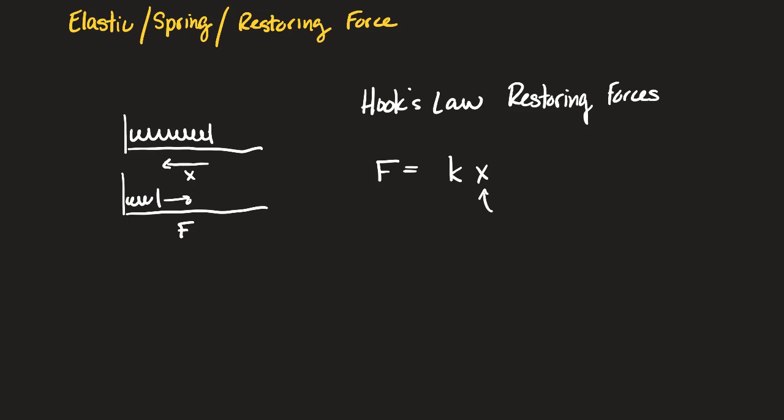X represents how much the spring was compressed. F is the force from the spring attempting to return it. Notice in this proportionality, as you increase X, you increase the force. Hooke's law is a direct proportionality.